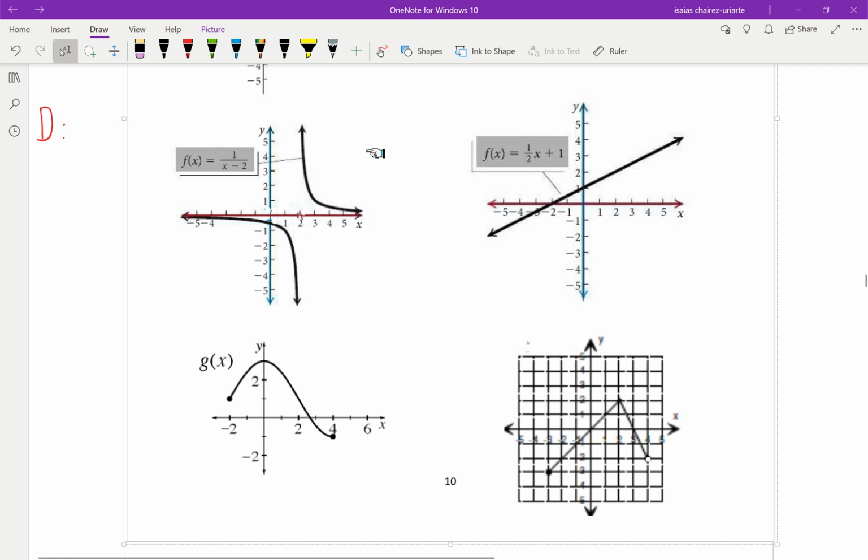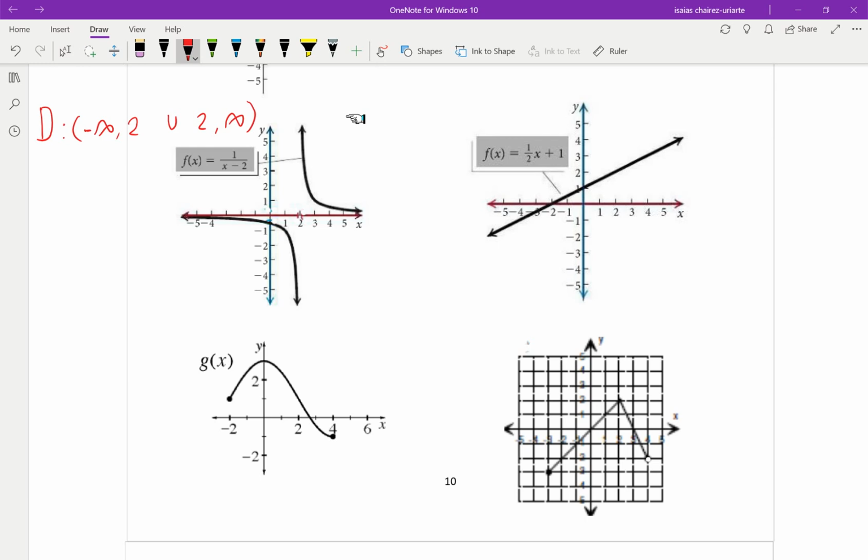So how do you describe the domain? It looks like the domain is from negative infinity to 2, and then from 2 to positive infinity. But at 2, there is no value of my graph. So how do you describe that? Well, we're definitely going to have to use union, that little u. We're going to have to say the following: negative infinity to 2, and then union, and then 2 to positive infinity.